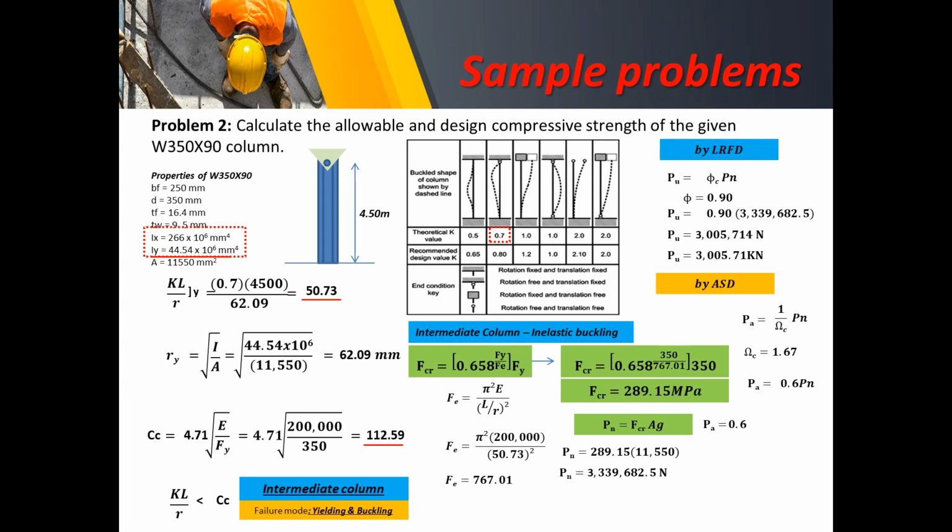So therefore, the allowable load is given by 0.6 multiplied by the derived nominal strength, and that would yield 2,003,809.5 newtons, or simply equal to 2,003.81 kilonewtons. Now these are the values of the design load and the allowable load using LRFD and ASD respectively.